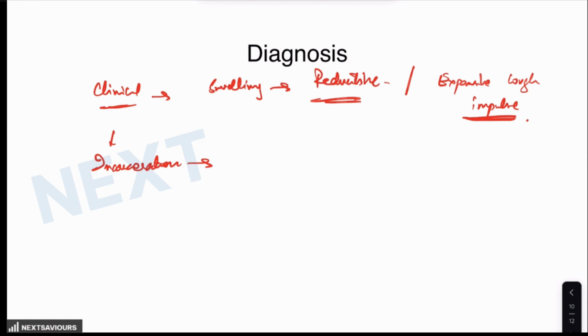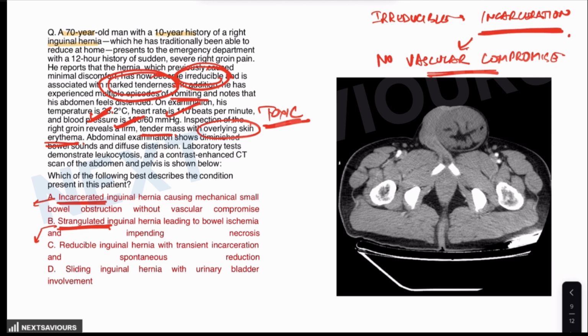And in such cases, we need to take help of some investigations. So the commonly done investigations are a USG abdomen or a CT scan of the abdomen. CT of the abdomen is mainly required to know the complications of the hernia, whether anything has happened. For example, in this CT image here, we can see that this is the hernia, and there is bowel content here.